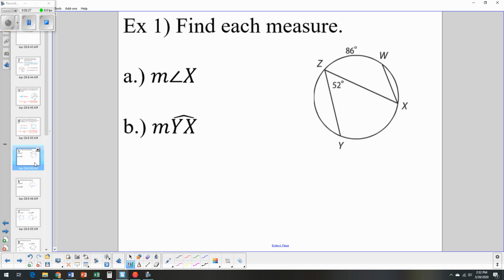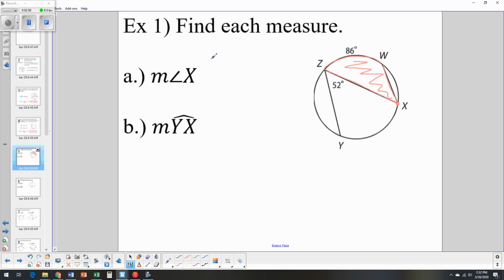In our first example, we're going to find two things. We're going to first find the measure of angle x. I look at my picture and I see that I have an x here. That's where angle x is. If I were to draw the two sides of angle x, pretend I'm holding my flashlight here, it's going to be shining a light up here to the 86-degree arc.